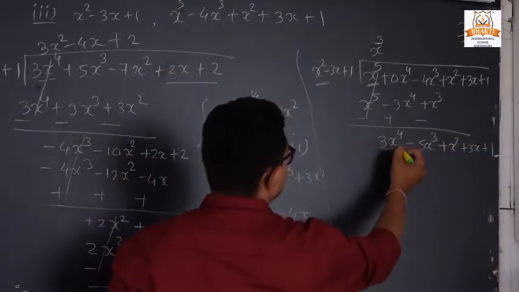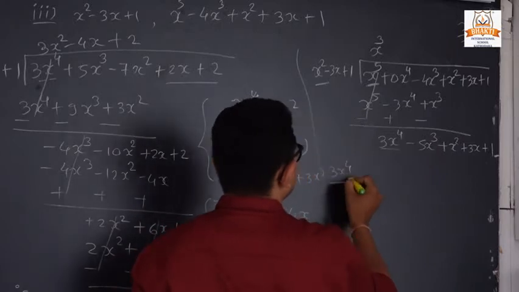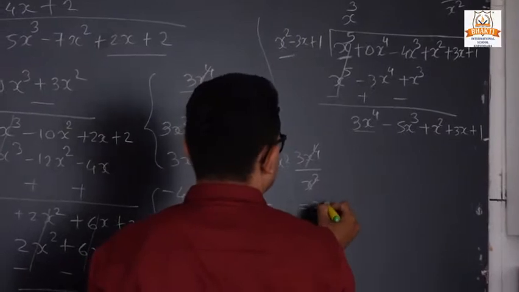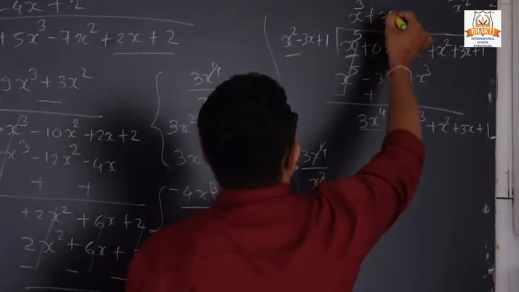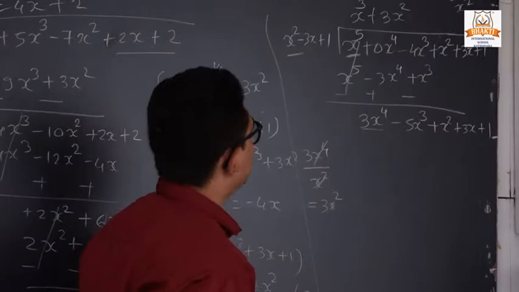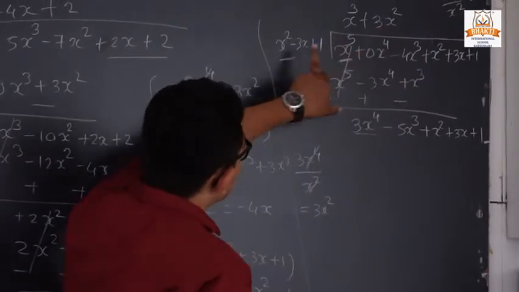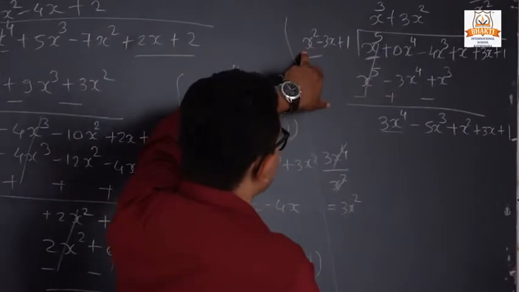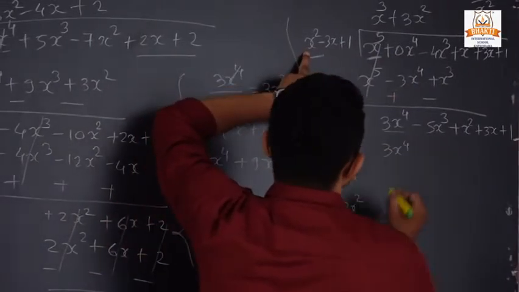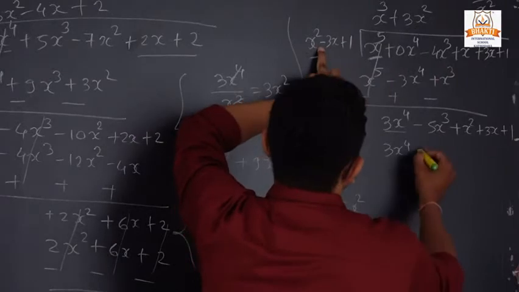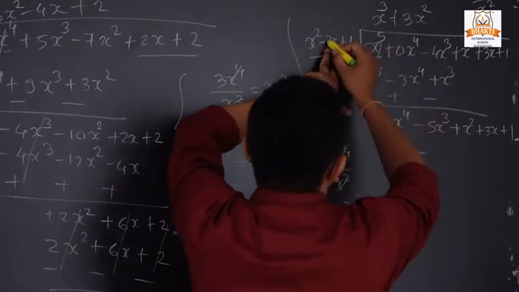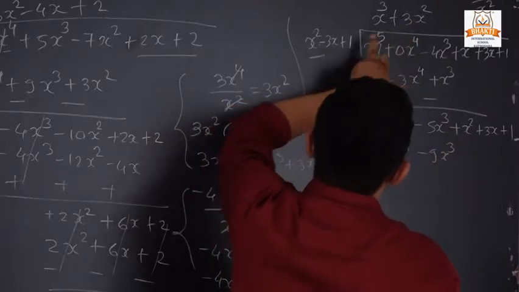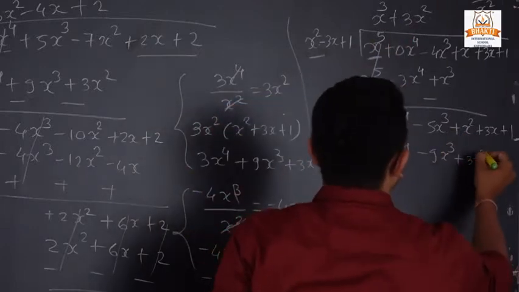Once again this first term is divided by the first term of the divisor, so here we get 3x square, so we write 3x square. Now this term is multiplied with all this, so 3x square is multiplied, so it is 3x raised to 4, then 3x square, minus, so plus minus minus, then 3 3s are 9x cube, then 3x square into 1, so it will be 3x square.